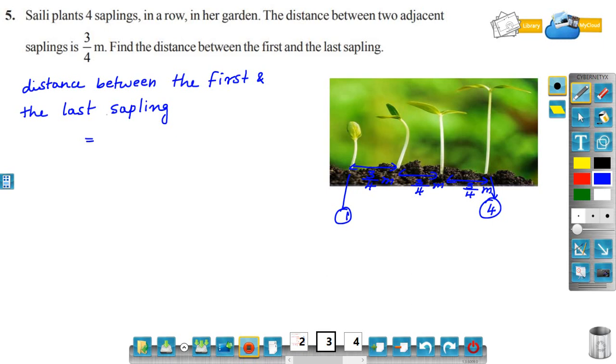So you can add 3 by 4 three times, or multiply 3 by 4 by 3. Multiplication is a repeated addition. So 3 into 3, 9 by 4 meters. So the distance between the first and the last sapling is 9 by 4 meter.